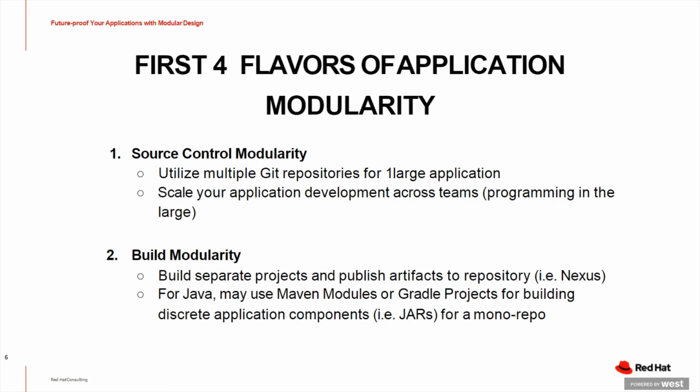This allows you to scale your application development across teams, and this is known as programming in the large. Number 2 is build modularity, where you build separate projects and publish artifacts to a repository such as Nexus. In Java, you may use Maven modules or Gradle projects for building discrete application components.